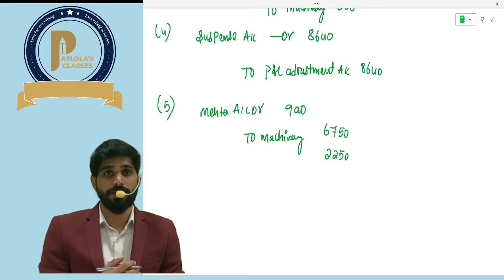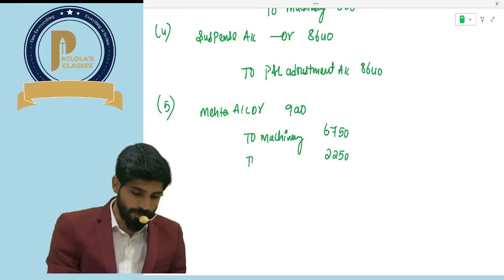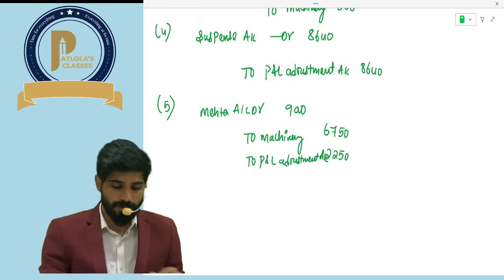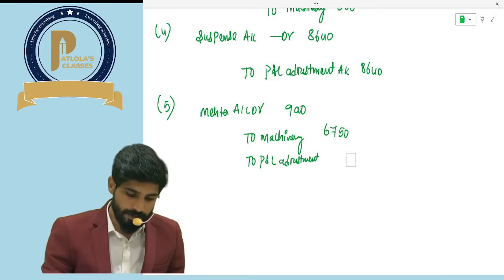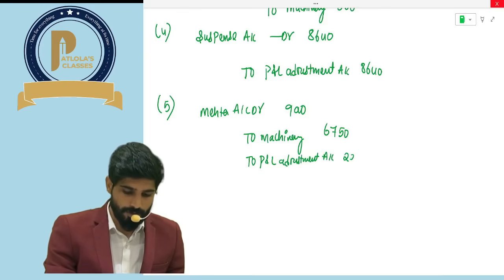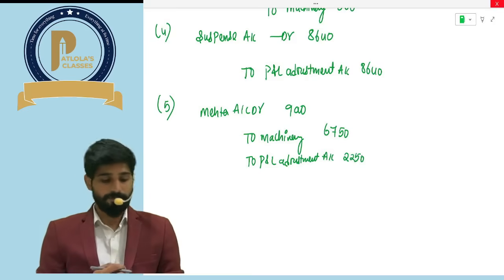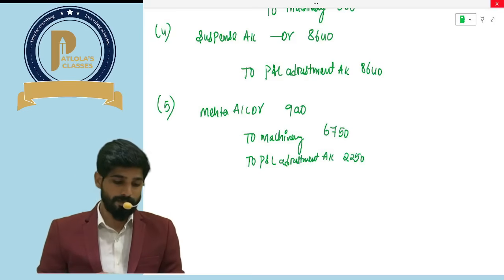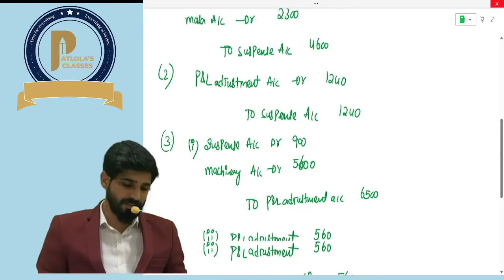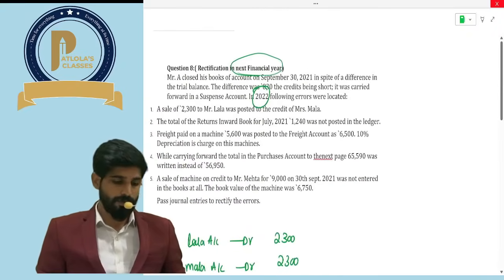But profit on sale is a nominal account. We are going to use the word to P&L adjustment. To P&L adjustment account 2,250. Hope everyone have understood this question. It is very simple, guys. There is nothing much in this question. Okay.